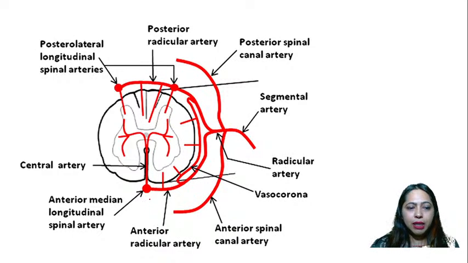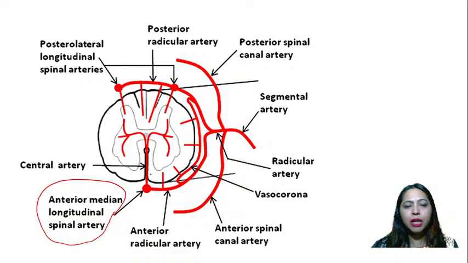You can see there is a central one, that is the anterior median longitudinal artery, or simply you call it the anterior spinal artery. So this is where it is and how it supplies the gray matter. And you can see there is a central artery. All right. And then you can see the radicular arteries here. The radicular artery also gives a lot of contribution to the white matter.